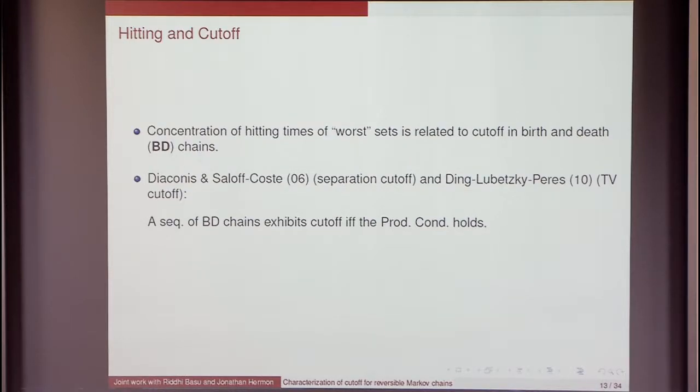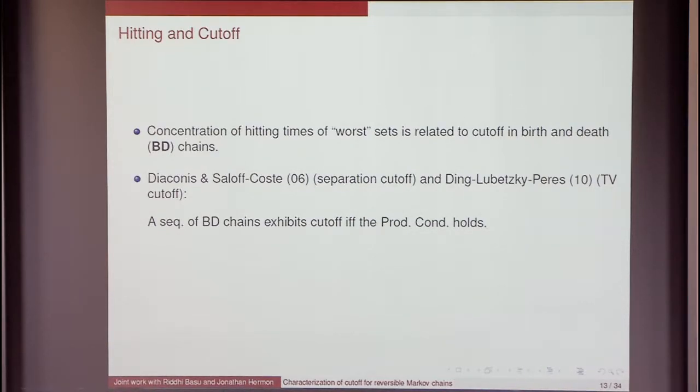But for these chains, it is true that if the relaxation time is little o of the mixing time, then you have cutoff. So this was first proved by Diaconis and Saloff-Coste for a different metric, not total variation, and then by Ding, Lubetzky, and myself for total variation cutoff.